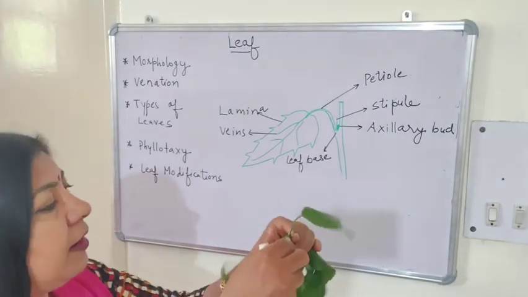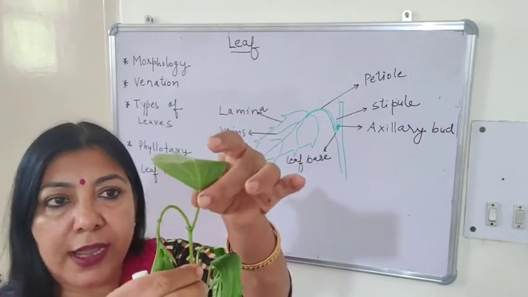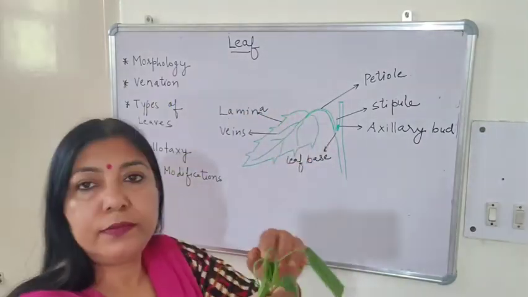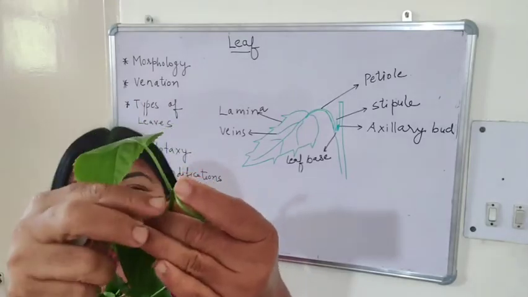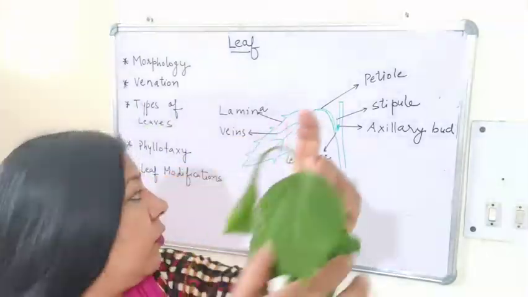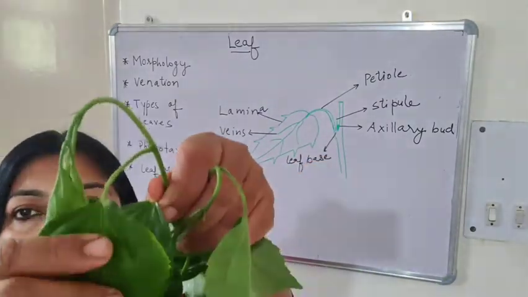Then there is a stalk, which is called the petiole. At the base of that stalk, there are small outgrowths, generally two outgrowths. These outgrowths are called stipules.